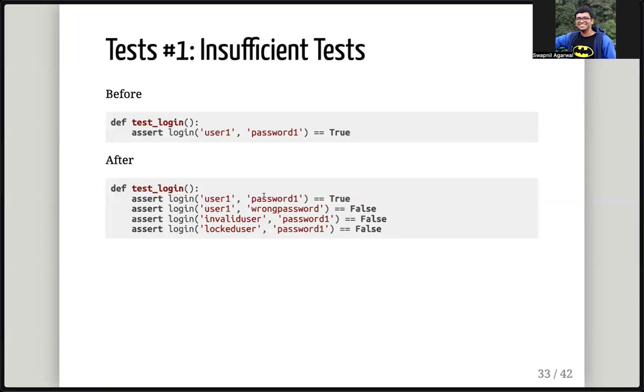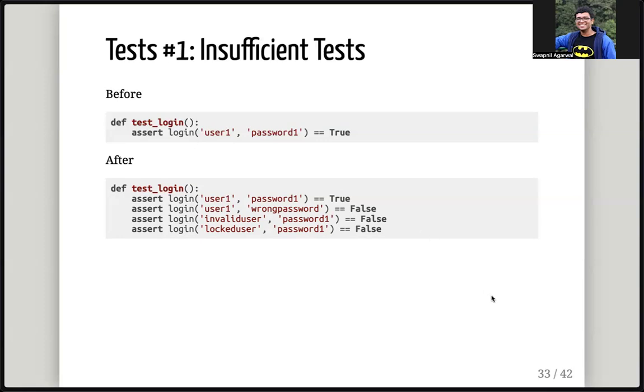In this case, let's say we have added a wrong password case, then we have added an invalid user case. Maybe we have a way to mark a particular user, like maybe you could lock the profile or mark suspicious or something.